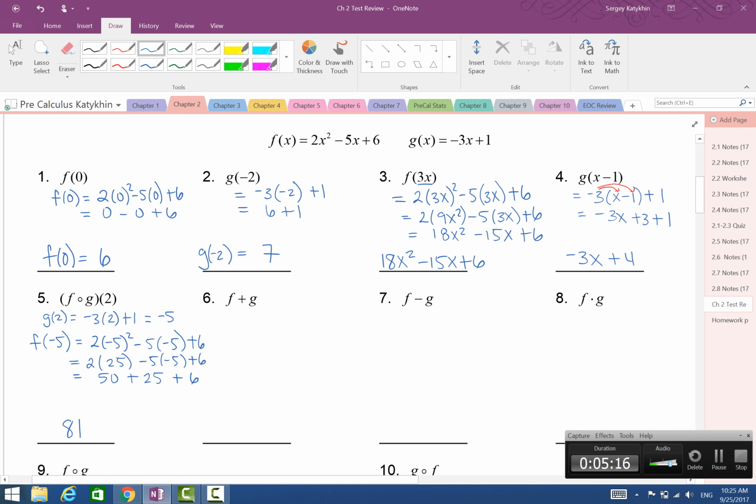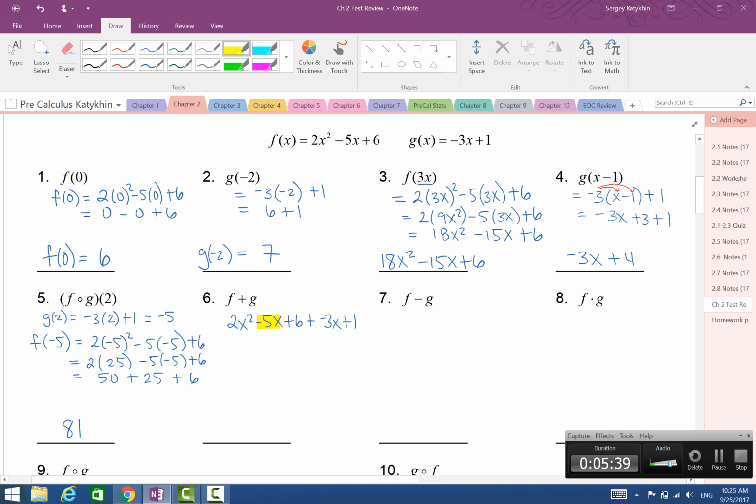F plus g is just asking us to take f of x and add g of x together. So f of x would be 2x squared minus 5x plus 6, and you are adding negative 3x plus 1. So now I do have like terms.